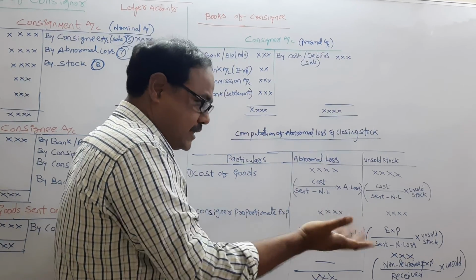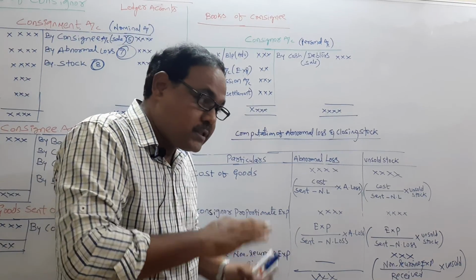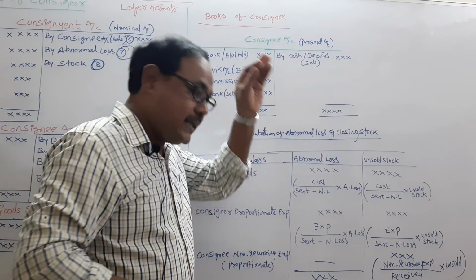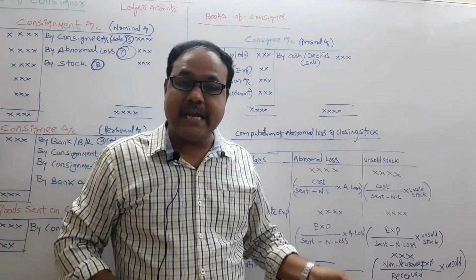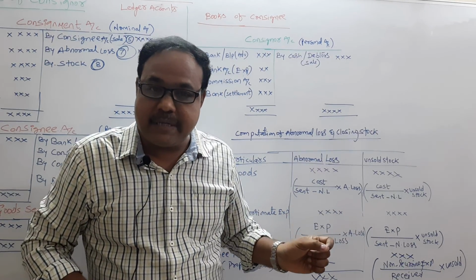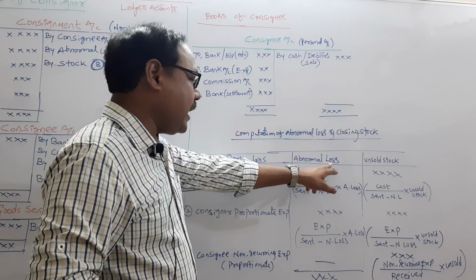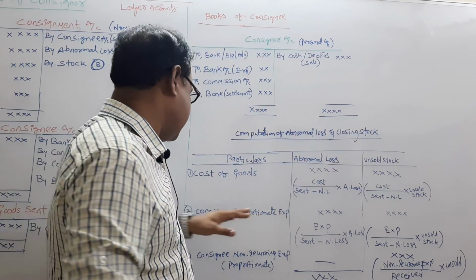That is why consignee expenses are not considered. If the goods reached the consignee and then the abnormal loss happened, in that case you should take the consignee's non-recurring expenses proportionately. Okay? So I took a plain problem, that is abnormal loss during transit.